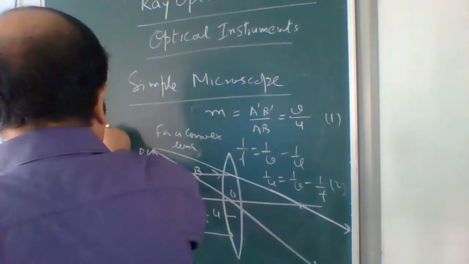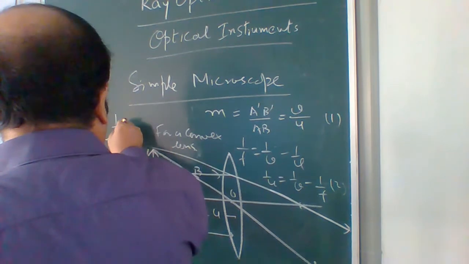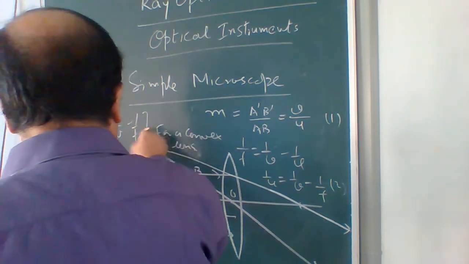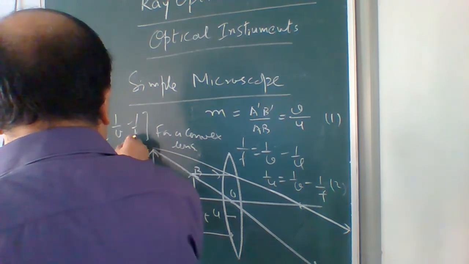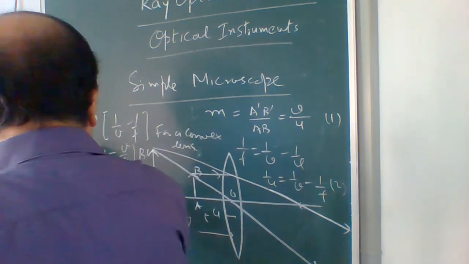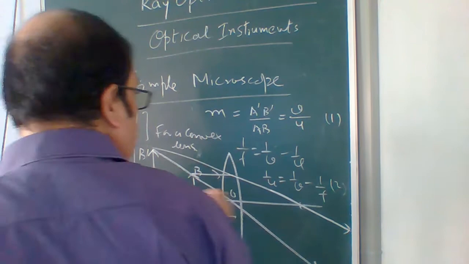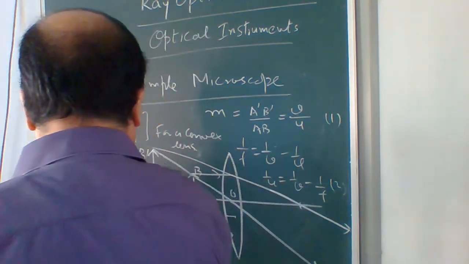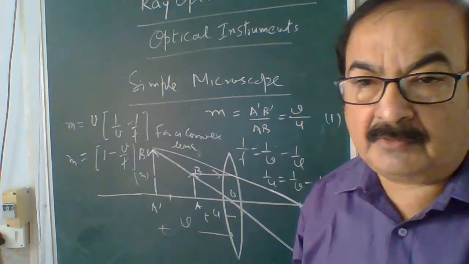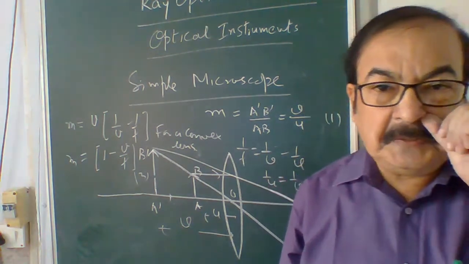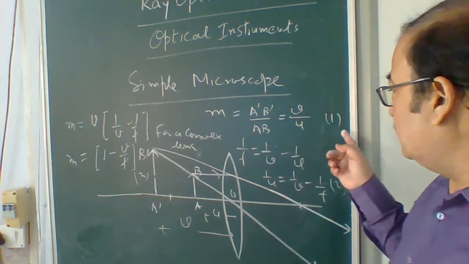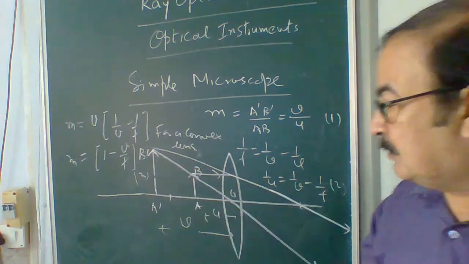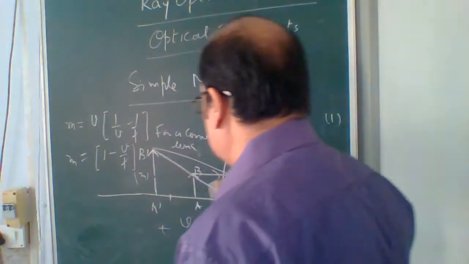V into 1 upon V minus 1 upon F, simply 1 minus V by F. This is your equation number 3. Now after getting M equal to this one, equation 3 is the main equation now.